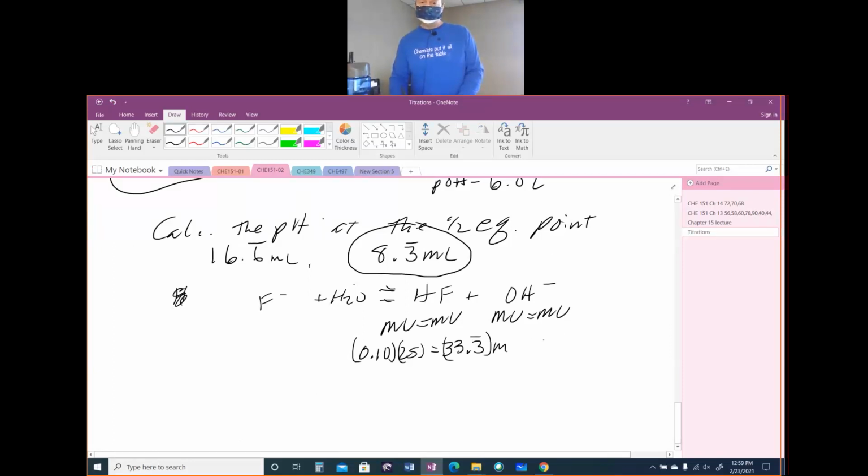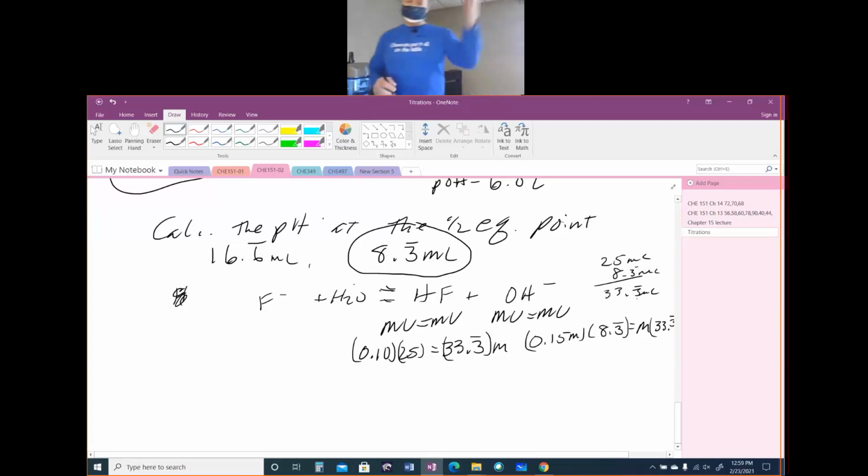For the NaOH, to get to the half equivalence point, our 0.15 molar, we had to add 8.3 repeating milliliters. What's the molarity now that it is 33.3 repeating milliliters? Of course, we're adding the HF, which has the 25 mils, and we've added 8.3 mils repeating, and so that's where the 33.3 repeating mils is.